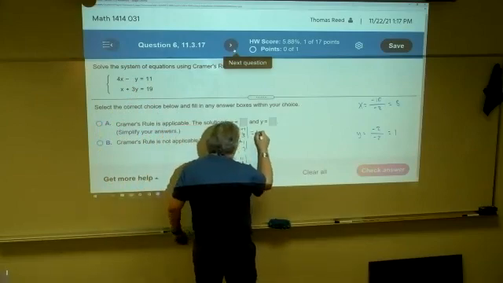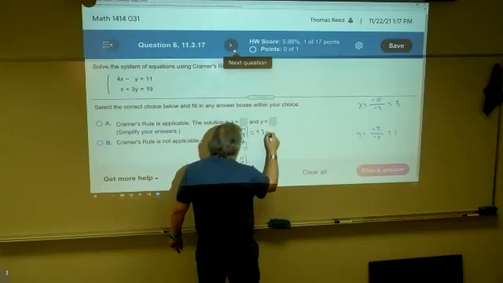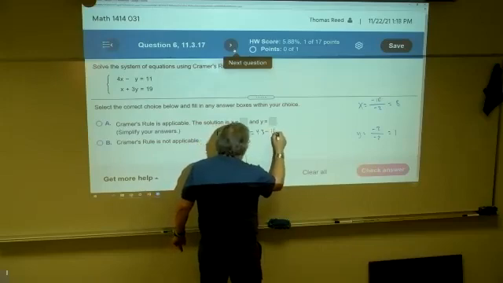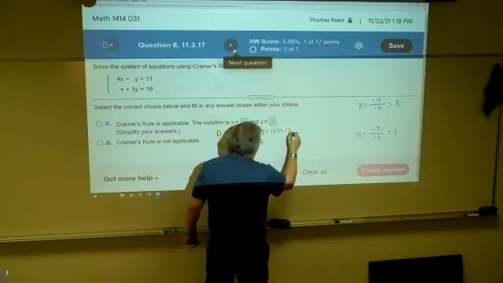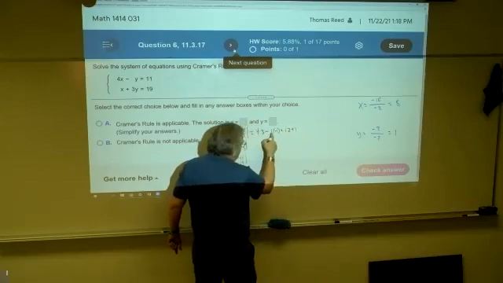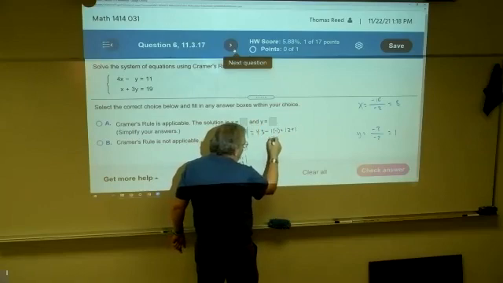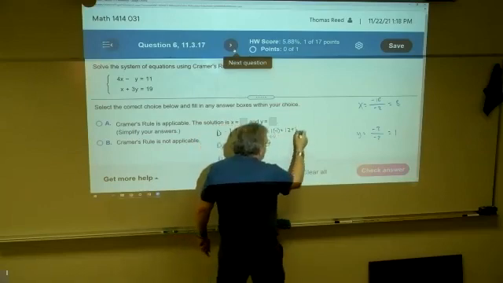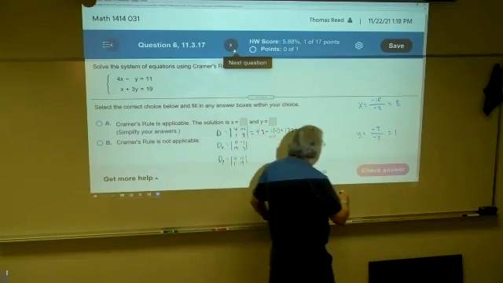So this determinant becomes 4 times 3 minus 1 times a negative 1. So I have 12 plus 1, right? Because this gives me a negative 1 and minus a negative is plus. So that's 13.